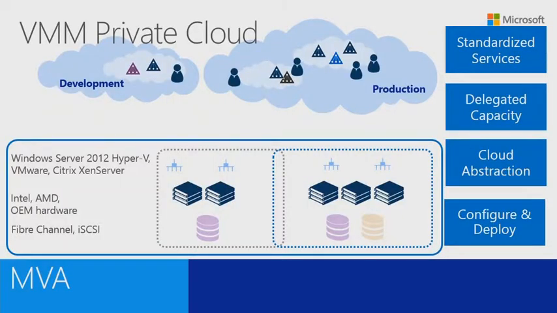And then the final concept that we like to think about with Virtual Machine Manager and private cloud is this concept of services. When we first built our virtual machines back in 2008 R2, we really abstracted the VM from the individual server. But over time, we realized that these virtual machines were more than just a single server.